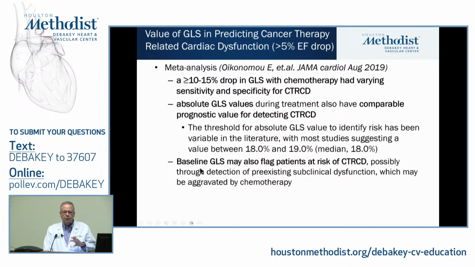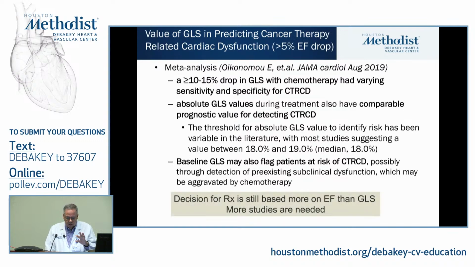The problem is the accuracy. And the biggest problem is specificity. So you may have a drop in GLS, there's some sensitivity, but the specificity may not be there. And for that reason, most experts are still relying more on EF. So they pay attention to the GLS, but if you're making important decisions of adding new therapy or maybe holding back on chemo or whatever, the EF still continues to be the preferred parameter.